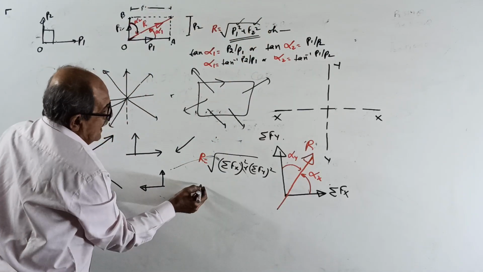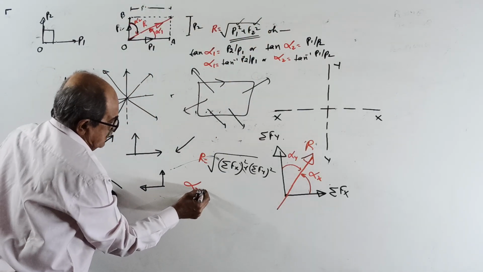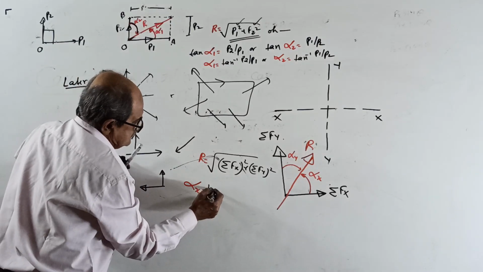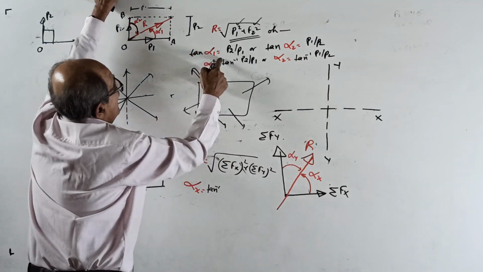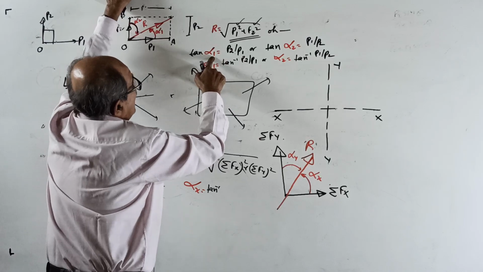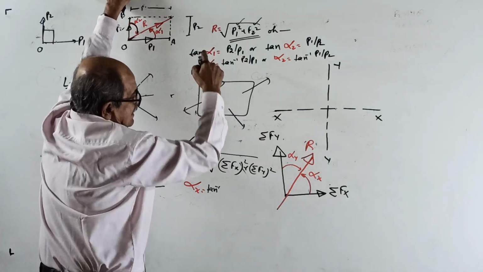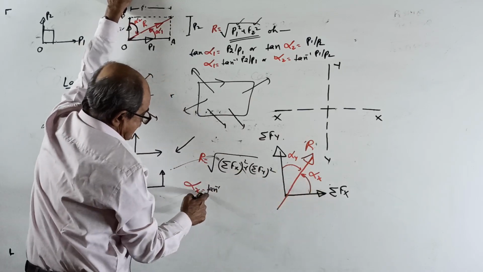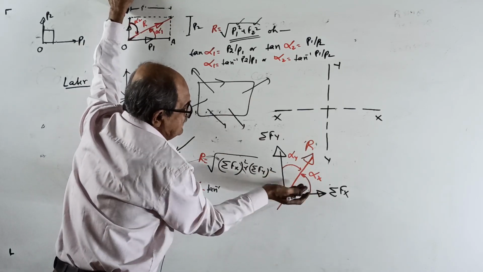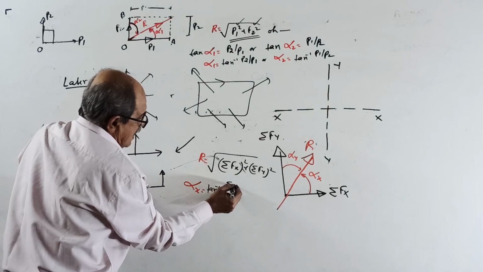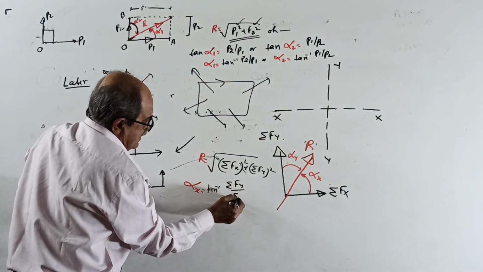And I will write at that time alpha x equals tan inverse of, see, alpha x is tan inverse of what? Alpha 1 is the angle made by the resultant with force 1. Here P1 is fx. Tan inverse of, if you want alpha x, the other force, sigma fy by sigma fx.